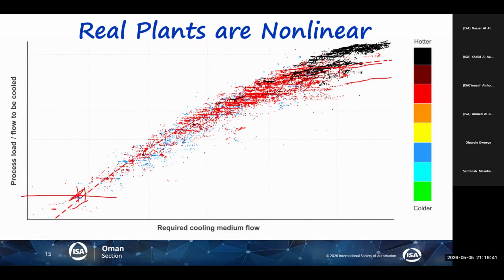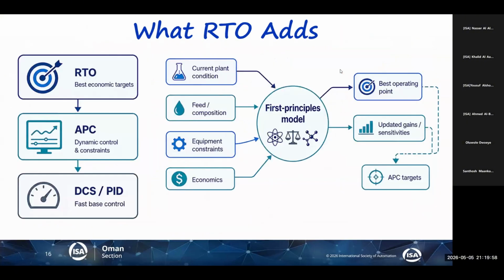That's why, I hope, I'm answering why we need real-time optimization. Basically, real-time optimization is that higher layer that continuously asks, given the current plant condition, what targets should advanced process control drive? Where should it go? It's the navigation.